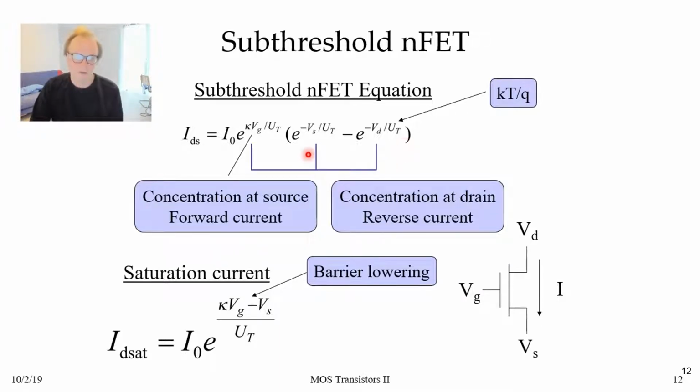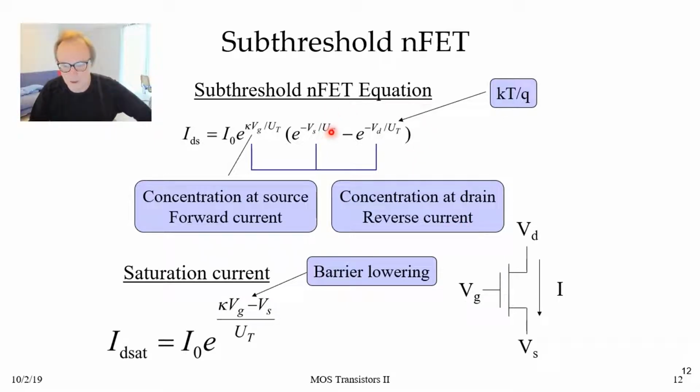So if you look at this equation, you can see that these first two parts define the concentration at the source, which is the forward current if the drain concentration is 0, and then there's a concentration at the drain, which is these two terms put together. It's all just saying the same thing here. It just says the current is a difference between this forward current and reverse current, which just combine linearly through this equation.